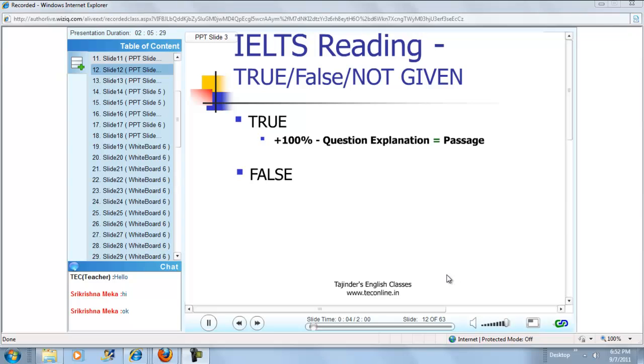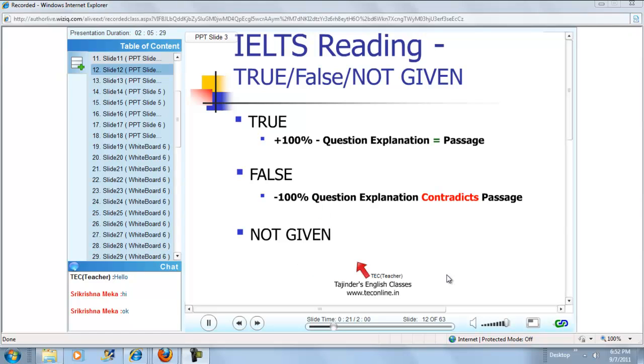The answer comes out to be false if the explanation of the question contradicts what is written inside the passage. And the answer is not given in case related to the question there is nothing mentioned inside the passage. So the answer to that kind of question will be not given.